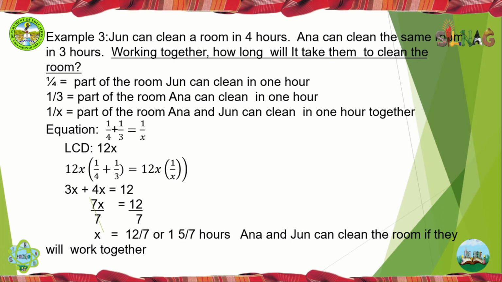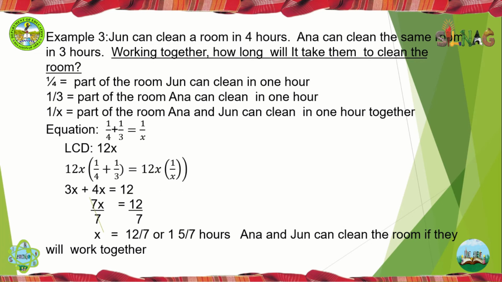And then 12X times 1 over X is equal to 12, because 12X divided by X, we cancel X and X, what is left is 12 times 1 is 12.